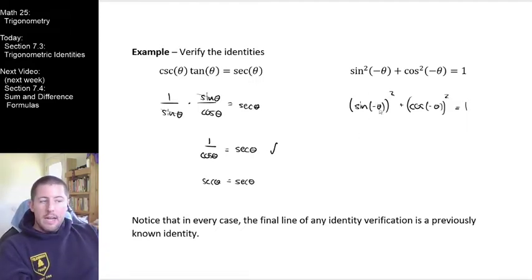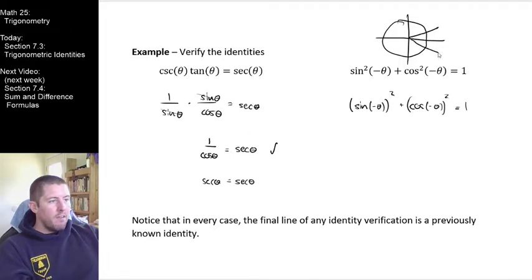Right? So what I can now do is use my even odd identities right here. And again, every time I forget these, I just draw my same diagram right here of my positive theta and my negative theta. And I recognize that the cosine quantities are exactly the same. So I'm just going to get here cosine of positive theta seems to be exactly the same thing as cosine of negative theta.